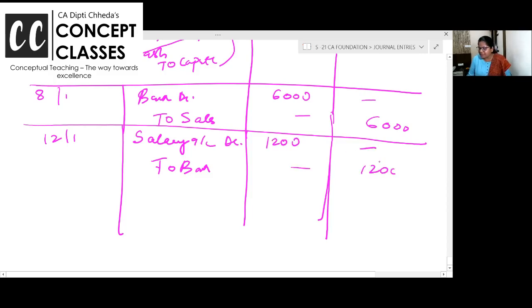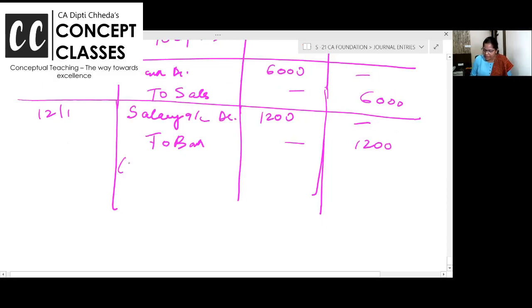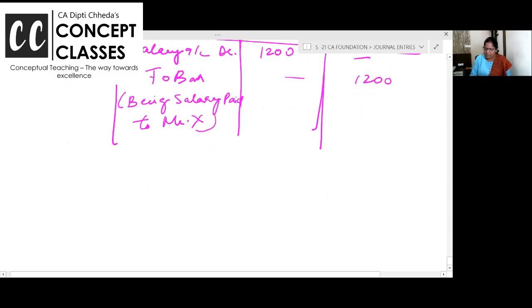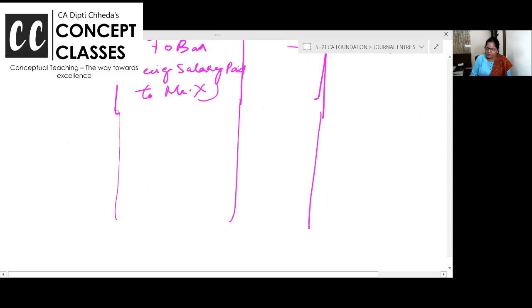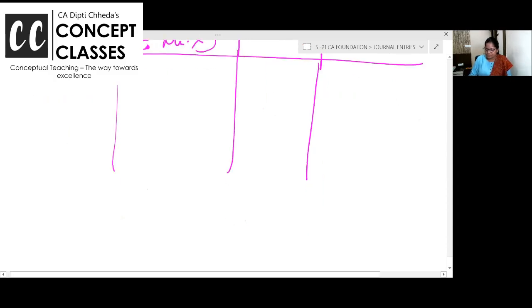Even if you pay salary to Ram, Ghanshyam, anyone, don't write the name. In narration, you can write: being salary paid to Mr. X, being salary paid to Ramesh, being salary paid to Rahim. Like that you can write in the narration.